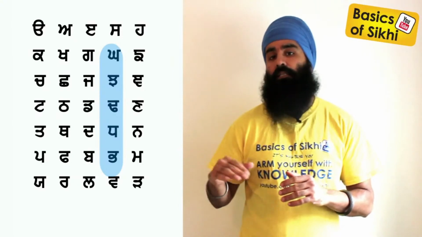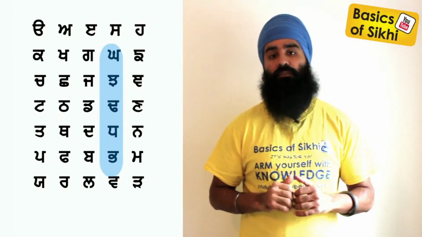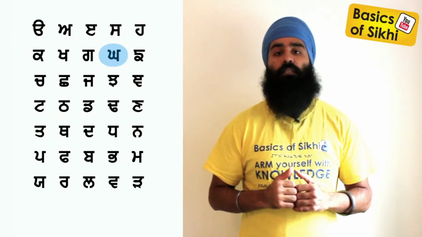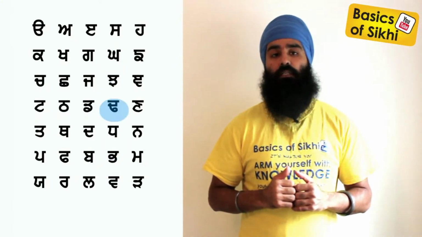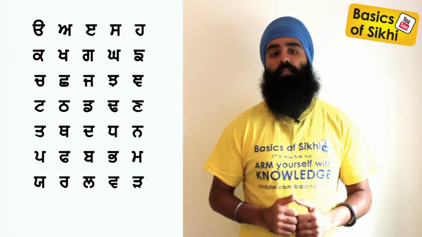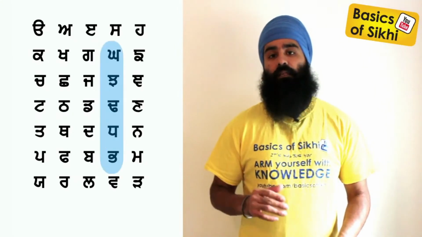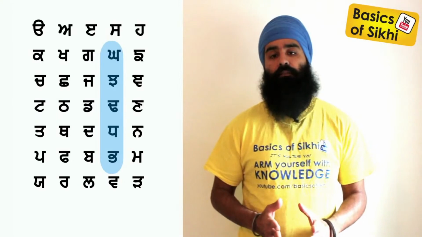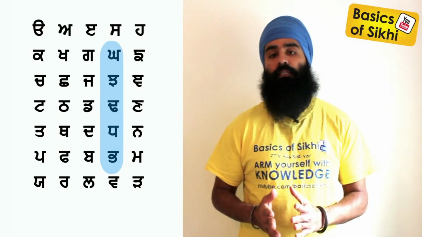Obviously the first line is not really that, there's nothing hard in there, and the last line is not part, it's the 5 lines in between. These sounds, which you can see, the first one is Kagga, then it's Chajja, then it's Tadda, then it's Tadda, and then it's Pabba. As you can see now, when we talked about how these words are pronounced, they're all unique sounds.